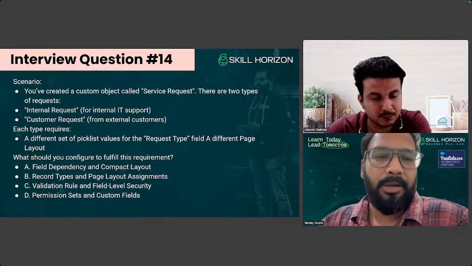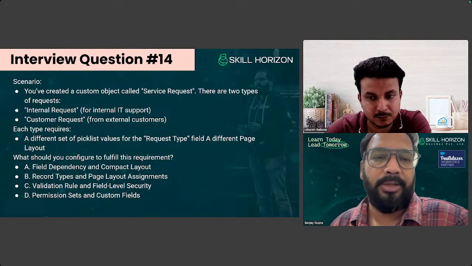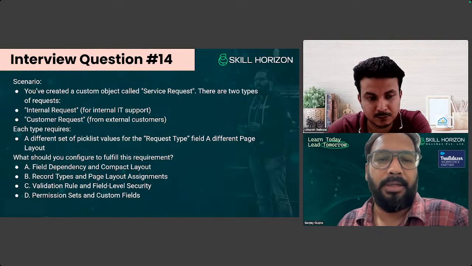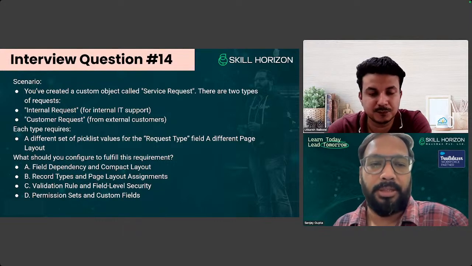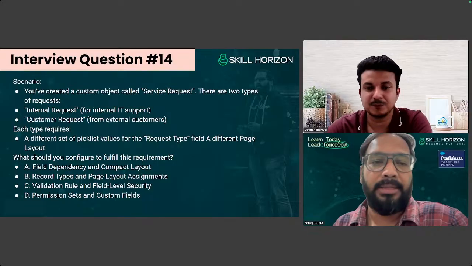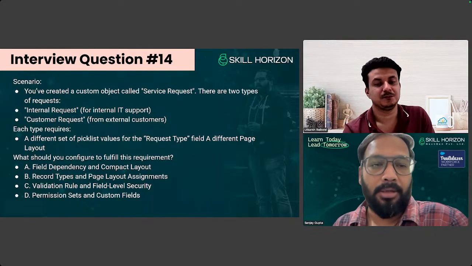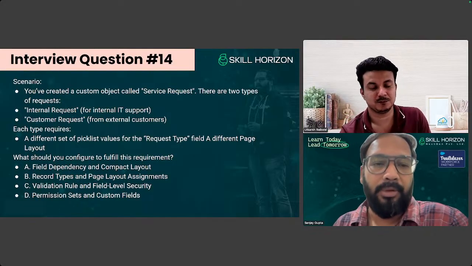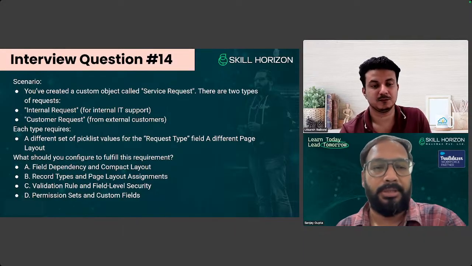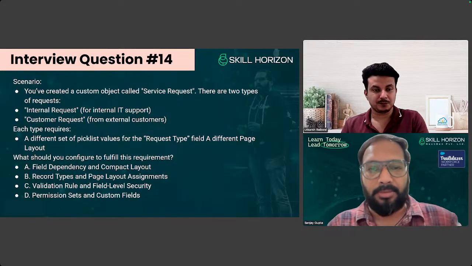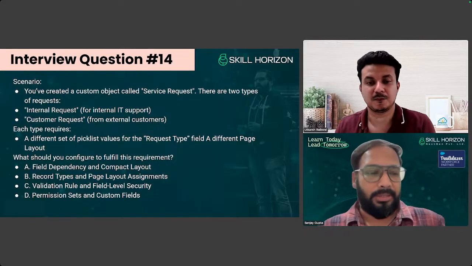So each type requires a different set of checklist values for the request type with a different page layout. So what should you configure to fulfill this requirement? A field dependency and compact layout, record type and page layout assignment, validation rule and field level security, a permission set and custom fields. Just read this question carefully and then you need to answer.